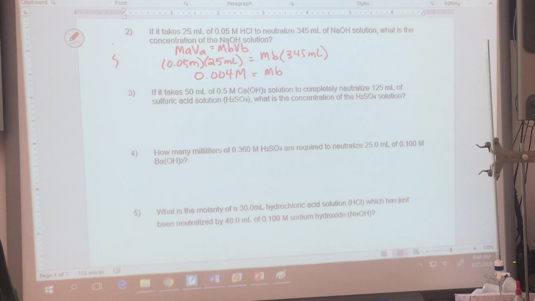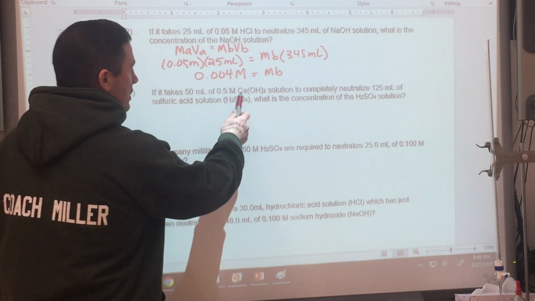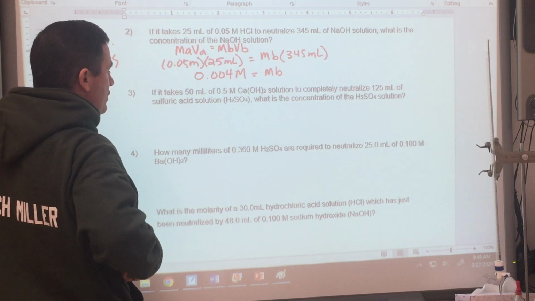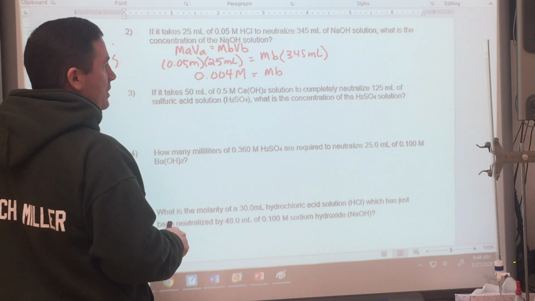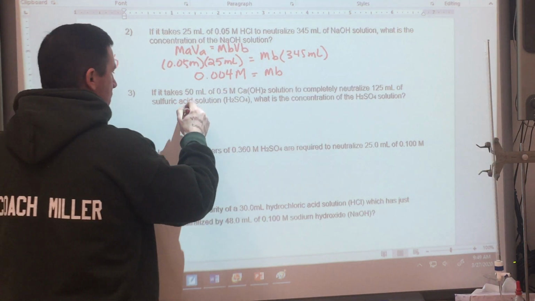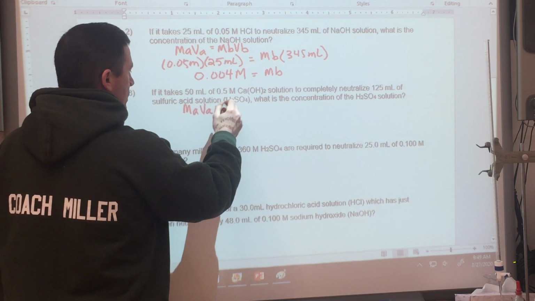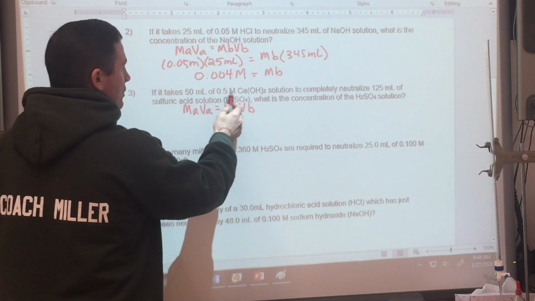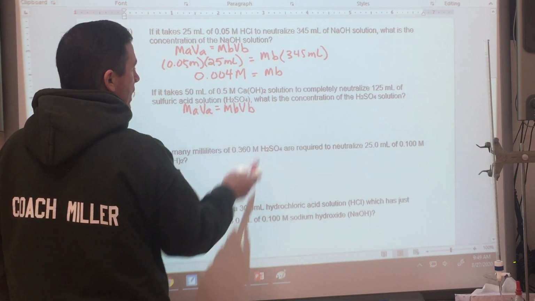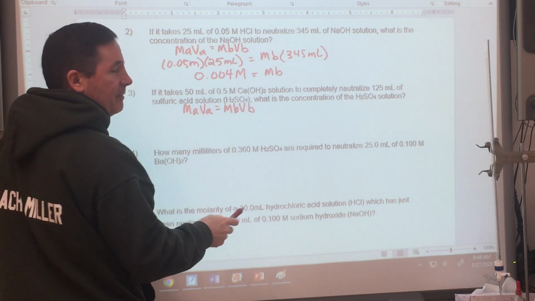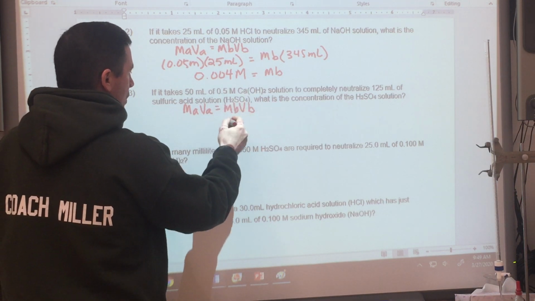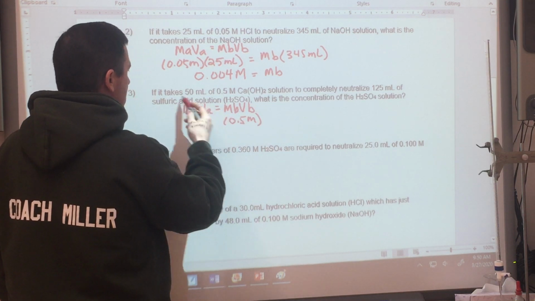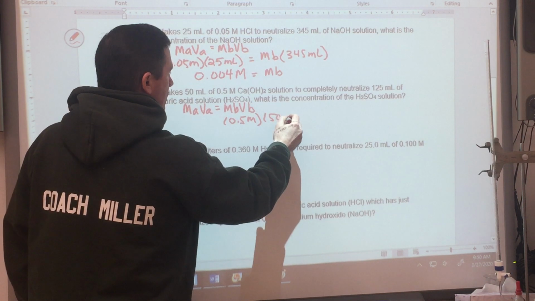If it takes 50 milliliters of 0.5 molar calcium hydroxide solution to completely neutralize 125 milliliters of sulfuric acid, what is the concentration? Same thing. MAVA equals MBVB. Calcium hydroxide is my base. So this is 0.5 molar, and it takes 50 milliliters.